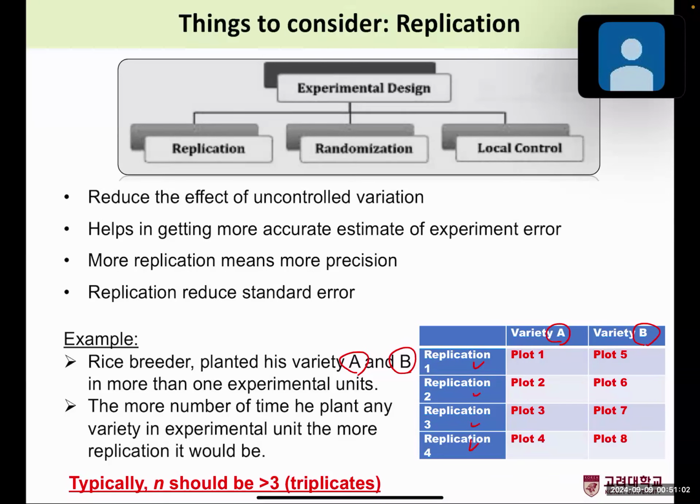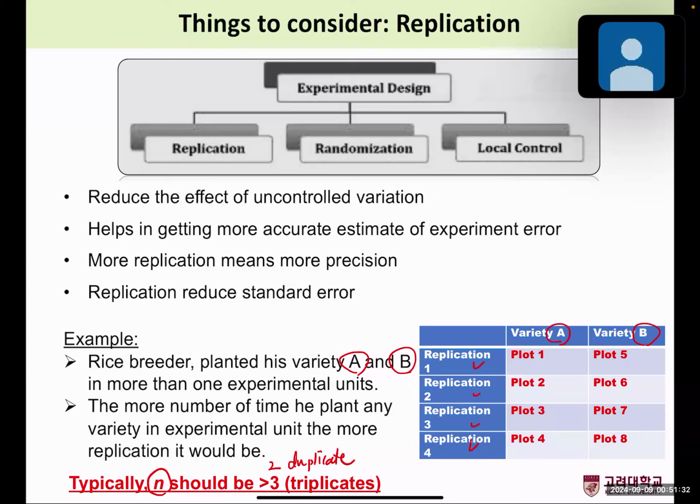Right. So this is to reduce the error and also increase the accuracy of the results. So typically, when you perform repeated experiments, the number of replicates should be 3 or above. So this is often called triplicates. If you perform experiments twice, then this is called a duplicate.